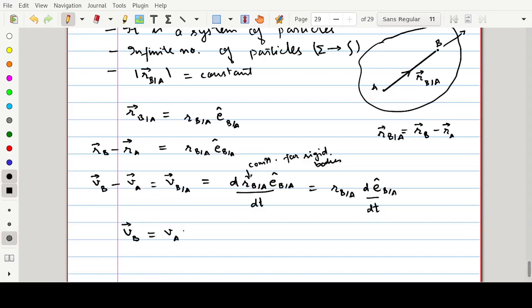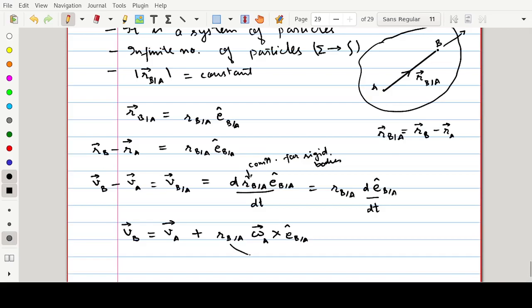So VB, with just a little rearrangement, taking VA to the right hand side, VB is equal to VA plus RBA omega cross EBA, where omega we will denote by omega A because it is a unit vector which is rotating about A. So rotation is about A, so I'll write omega A.